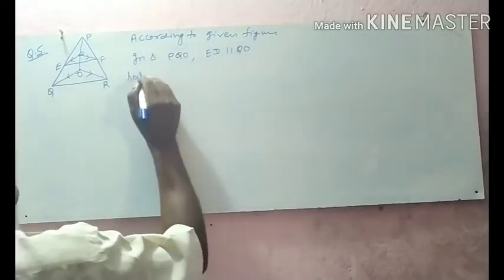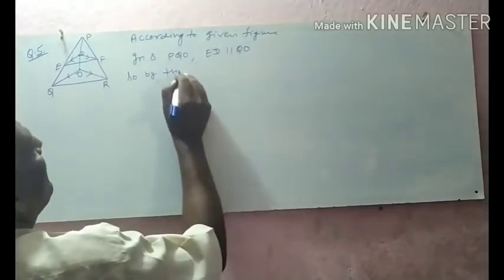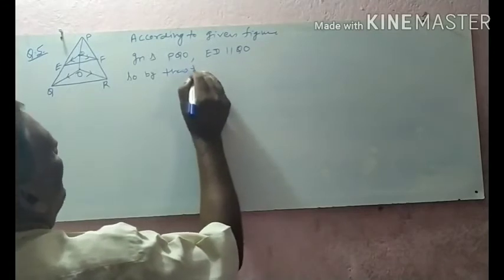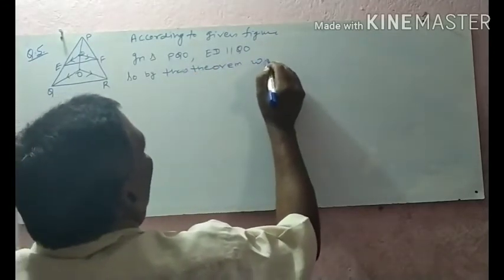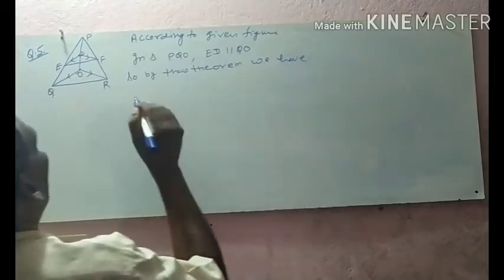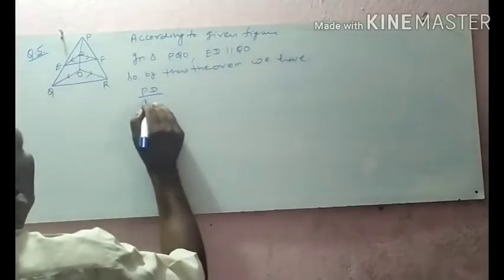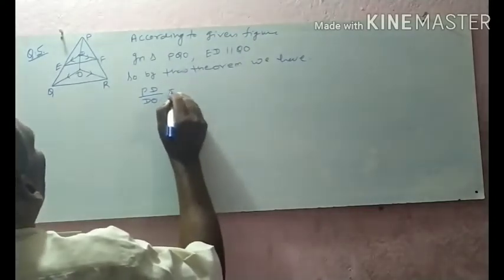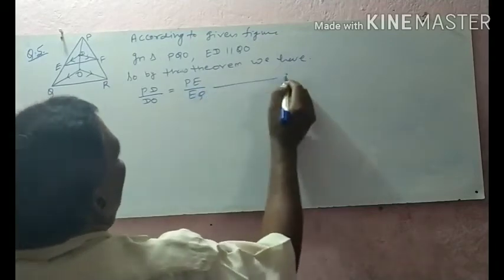So, by Thales theorem, we have PD by DO is equal to PE by EQ, equation first.